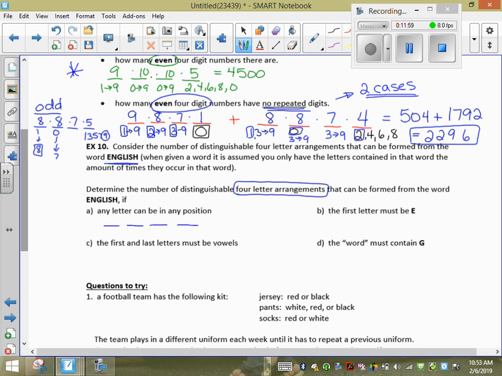So how many options do I have for this first blank? 7. I have E, N, G, L, I, S, H. So I have 7. Then I have to keep one there. So then I would have N, G, L, I, S, H. 6. Why don't I have 7 times 7 times 7 times 7?